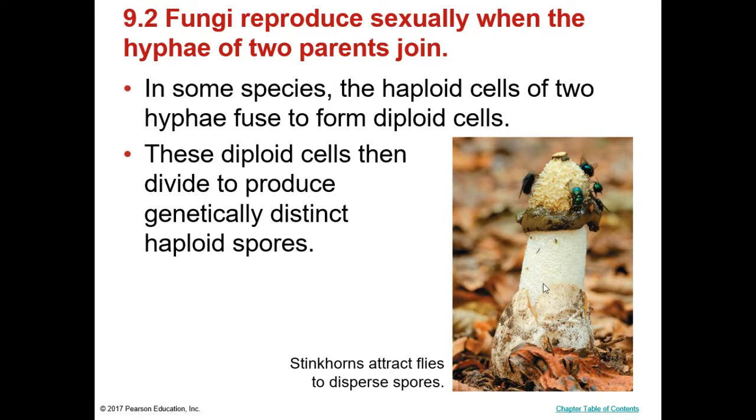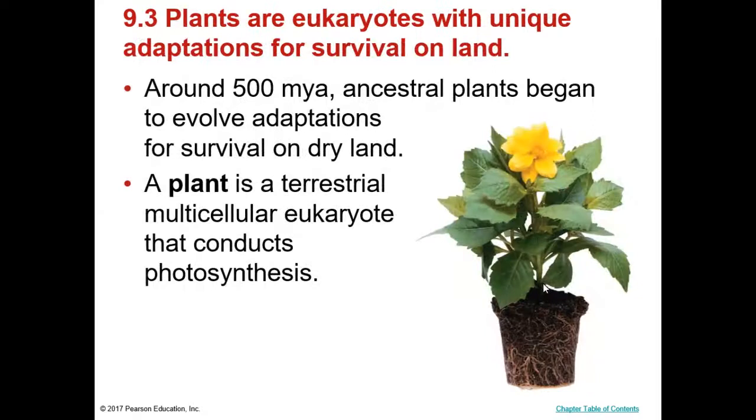Another reason why fungi have been so successful on land is that they can use sexual and asexual reproduction. Now, plants are a little bit more complex, so the rest of the lecture, I'm going to spend talking about plants.